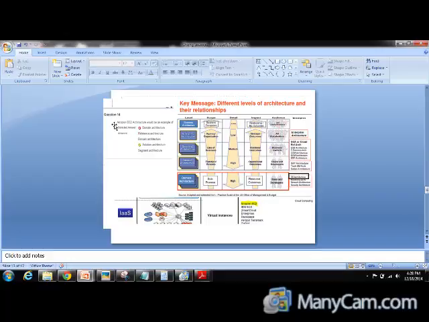Now, question 14. Amazon EC2 architecture would be an example of... Now, Amazon EC2 is basically IaaS.